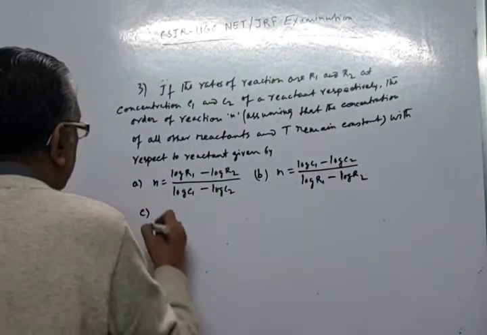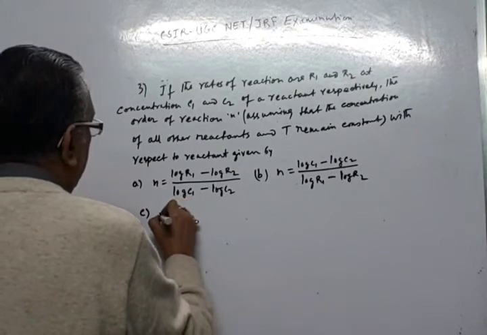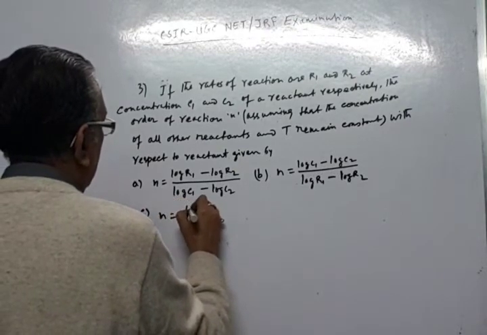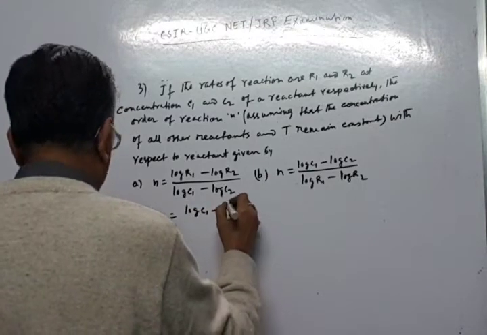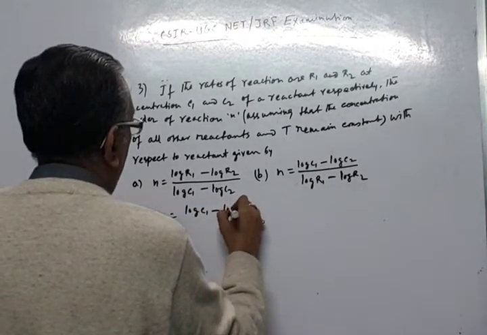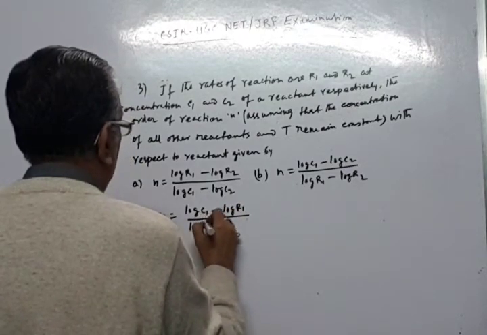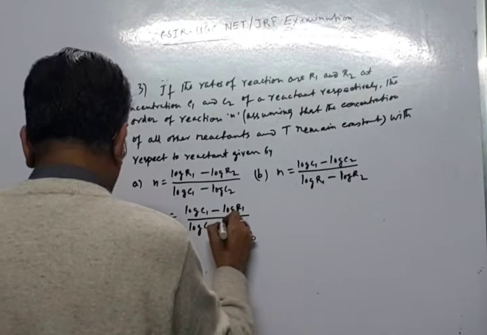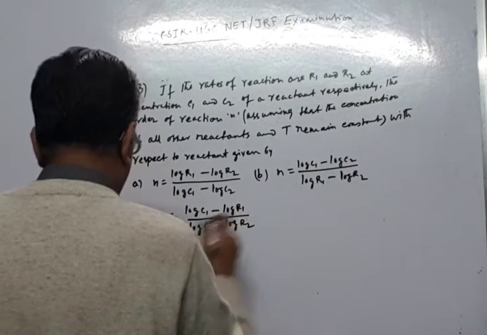C, n equal to log C1 minus log R1 by log C2 minus log R2.